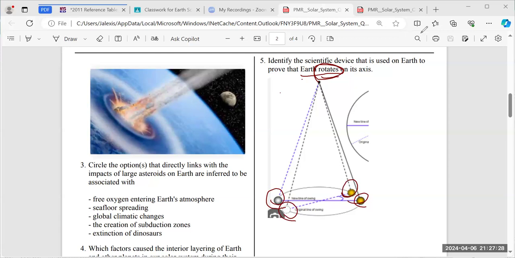What is this device called, everybody? This device is called the Foucault pendulum. This is an important device that provides evidence that the Earth rotates. Something to keep in mind.